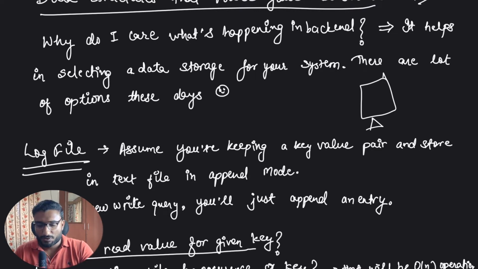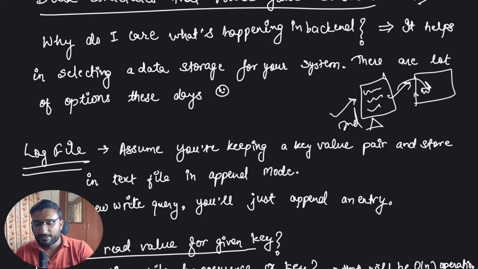You have written some program, and whenever you execute the program, you want to store some data so that you can access that data again when you execute the program a second time. So you will open a file in write mode and dump the data there, and when you execute the program the second time, you will again read this file and get the data in your input stream. This is how you can basically do it.